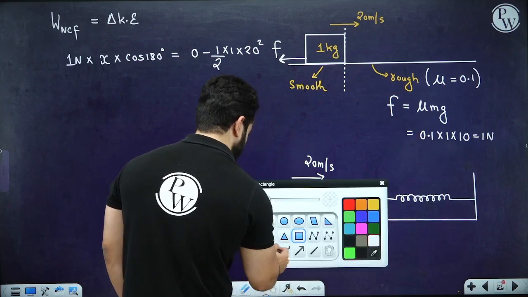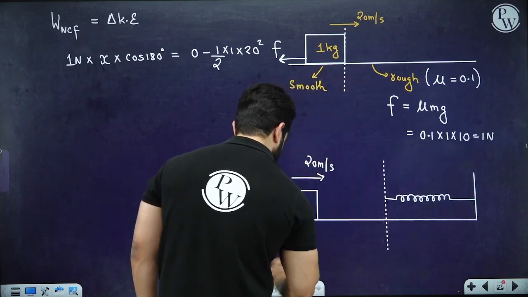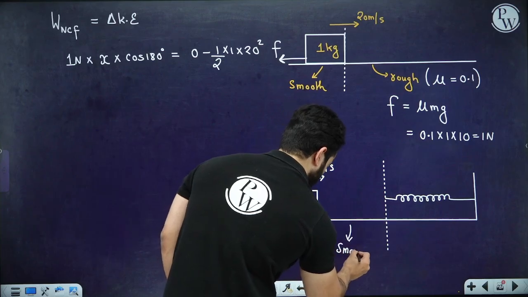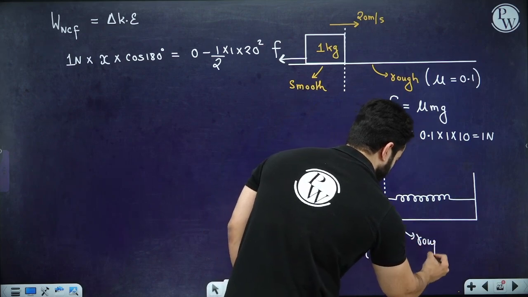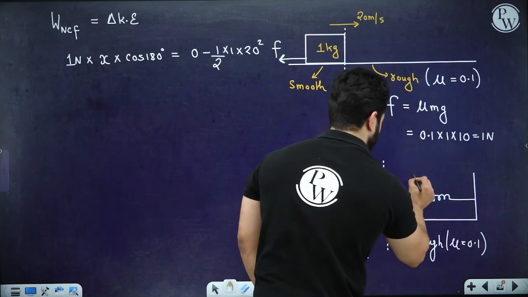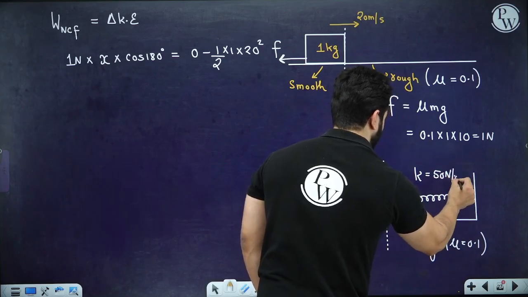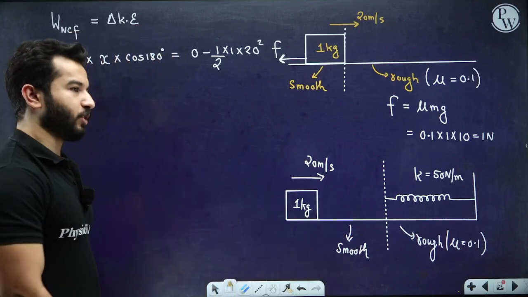Till this point the surface is smooth, and this is rough with a coefficient of 0.1, and K is equal to 50 Newton per meter. You have to find out the maximum compression of this spring.